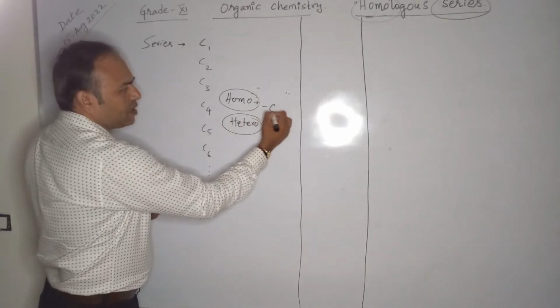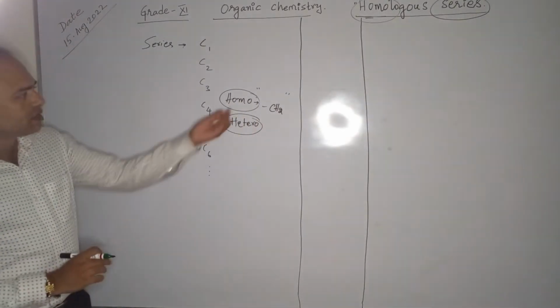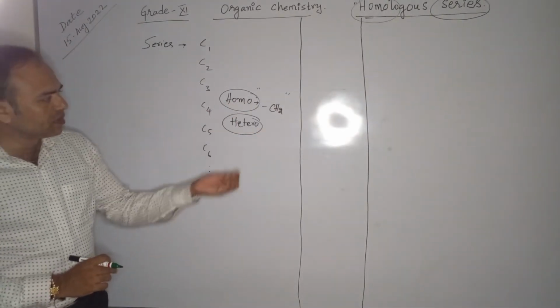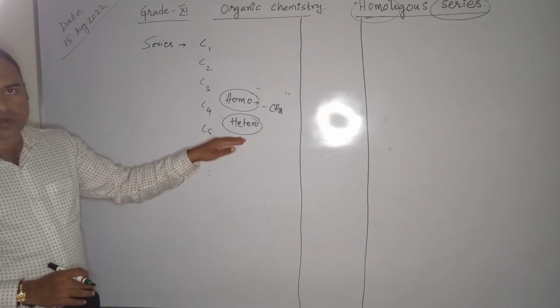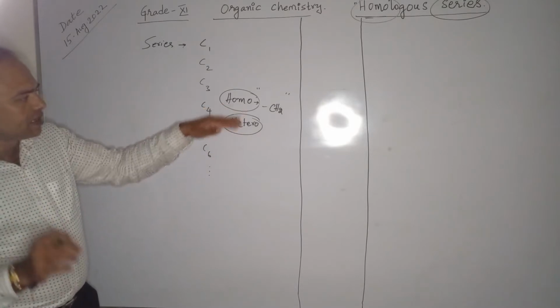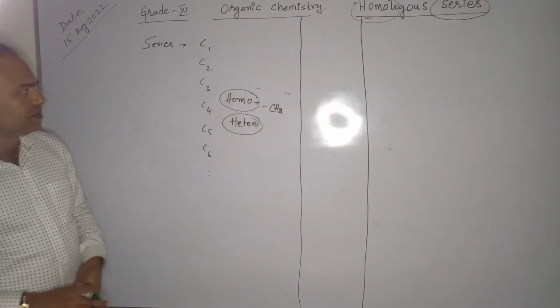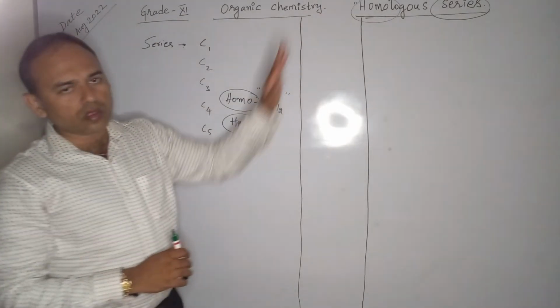Suppose you have the same difference of a CH2 group, that is homologous, same. Suppose the difference is not the same, then you can say hetero. So keep in mind, homo always indicates similar, hetero indicates dissimilar. Now in this aspect, we are talking about homologous series.